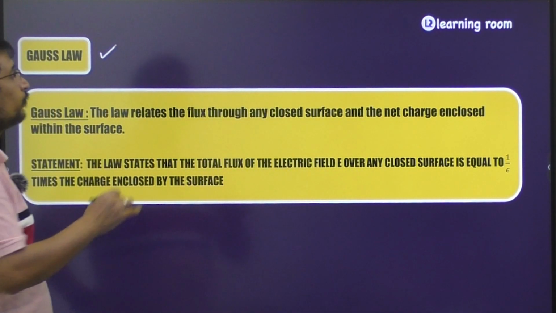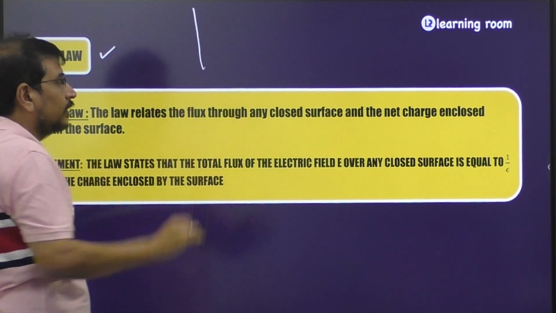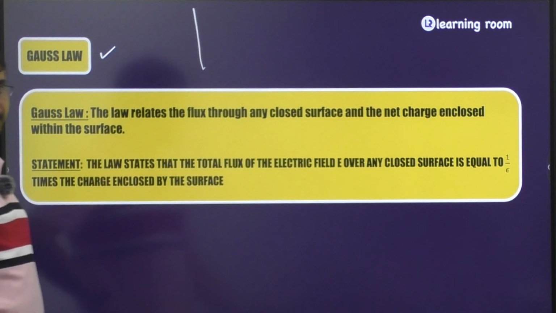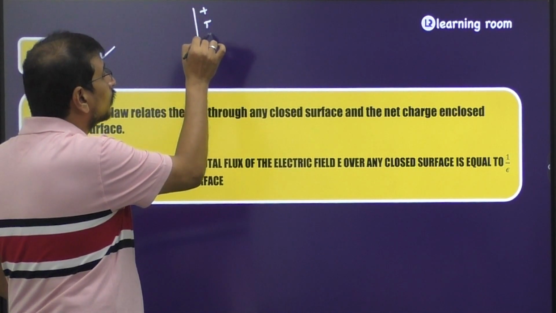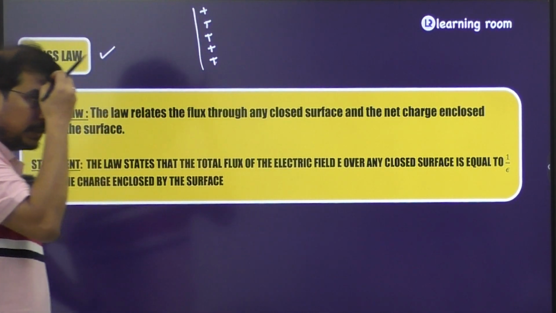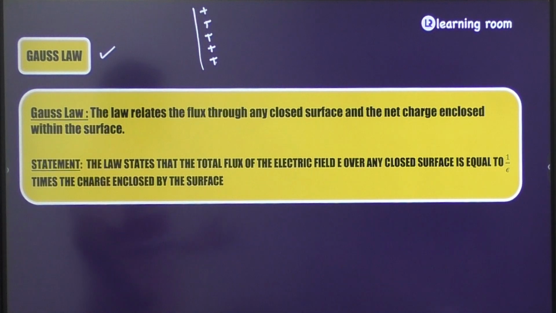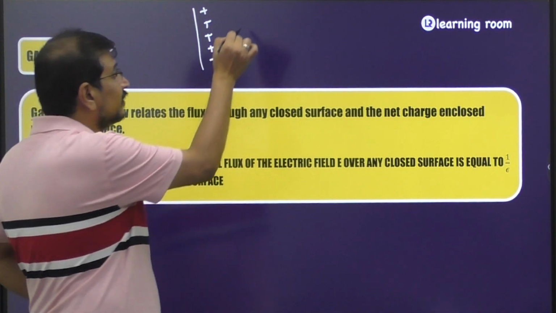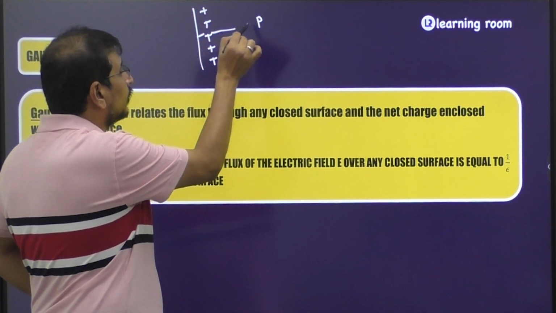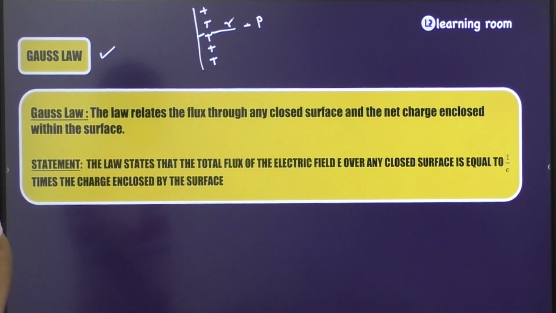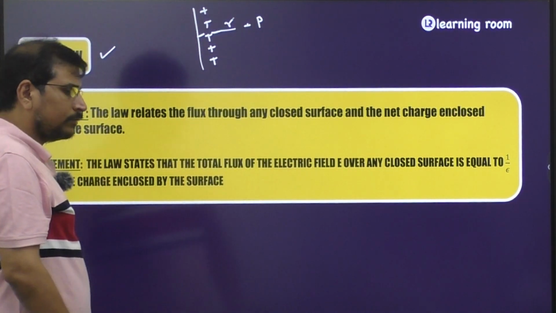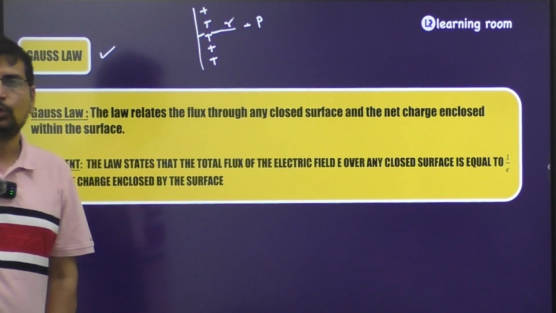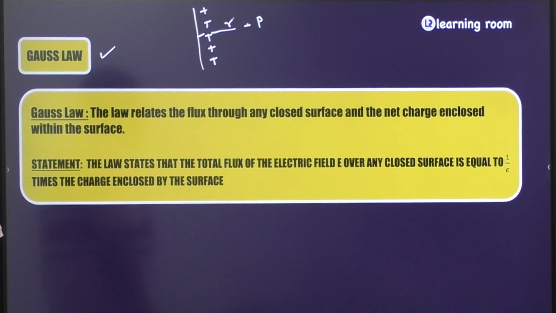See, for example, let's say I have a system where it's a linear charge. Due to the linear charge distribution, if I'm interested to calculate the value of electric field at a distance r from the point P, then if I need to use Coulomb's law, will I be able to use Coulomb's law in the first place?